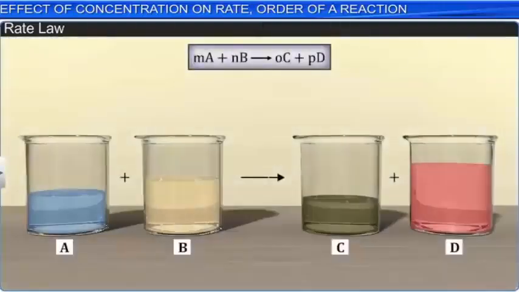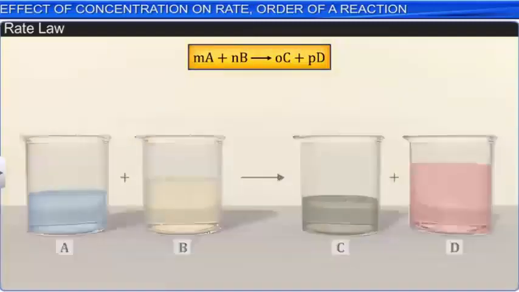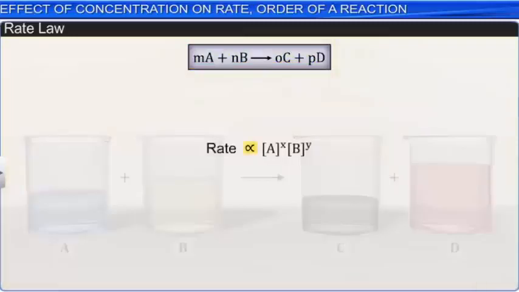Consider the reaction given here. Let's say m moles of A react with n moles of B to give O moles of C and P moles of D. We can write the rate law for this reaction as: rate of reaction is directly proportional to the concentration of A raised to the power x multiplied by the concentration of B raised to the power y.